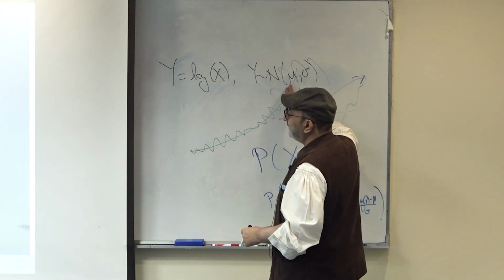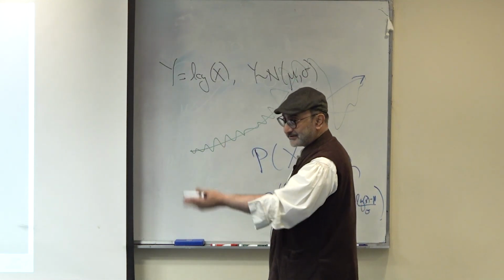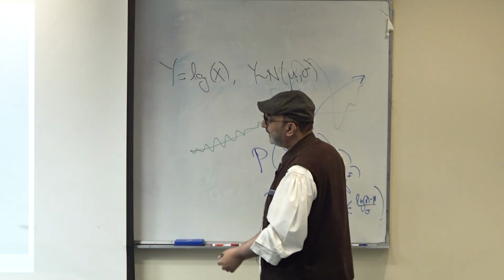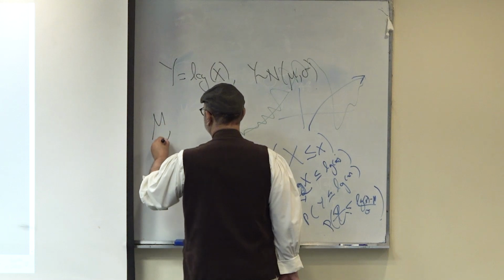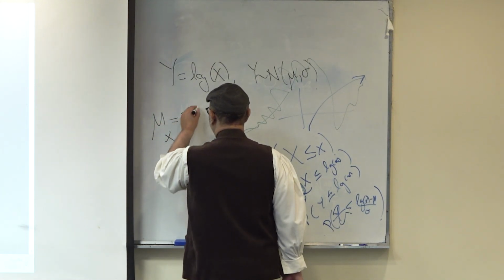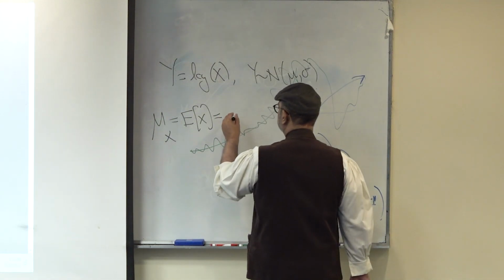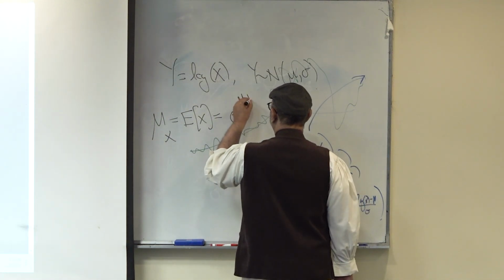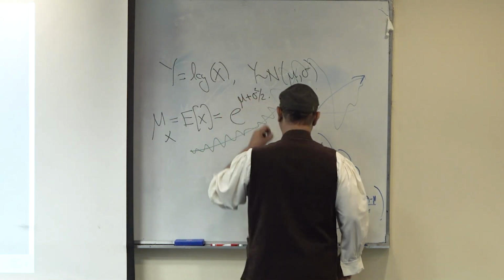These are not the expectation and standard deviation of x, but of y. And what did we get? We get that mu sub x, the expectation of x, is equal to e to the mu plus sigma squared over 2.